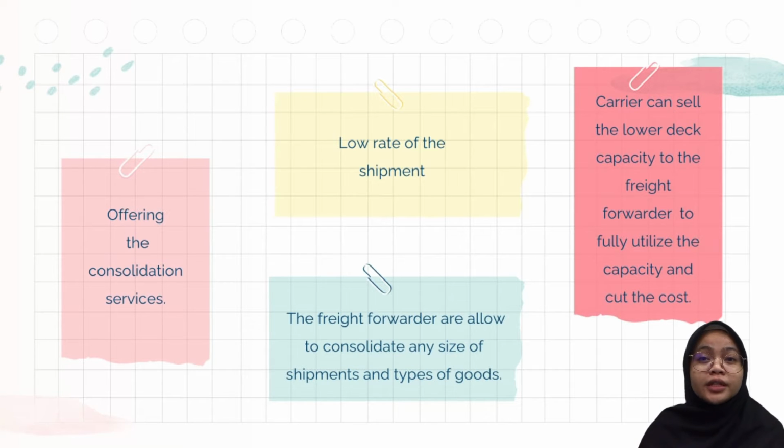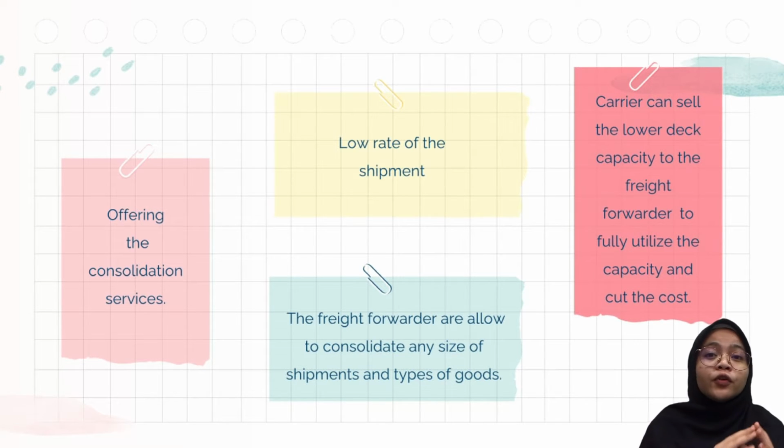The freight forwarders are allowed to consolidate any size of shipment and any types of goods. Actually, the carrier gives an opportunity to freight forwarders who want to send a small shipment by combining with other freight forwarders. For example, freight forwarder A wants to send a small shipment compared to freight forwarder B who wants to send a lot of shipment.